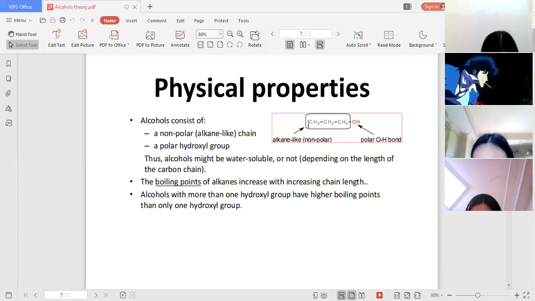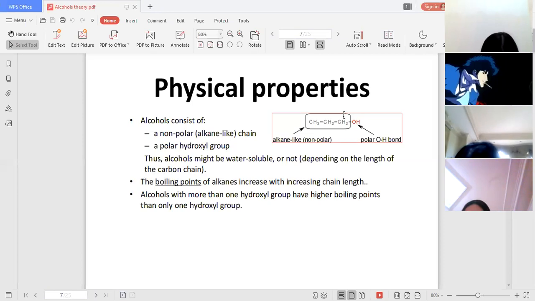The longer the alkyl group, the more the alcohol becomes insoluble. And if the alkyl group is shorter, for example only one carbon atom, then the boiling and melting points are low.